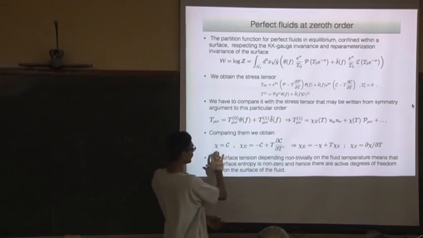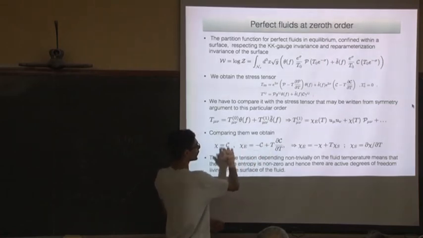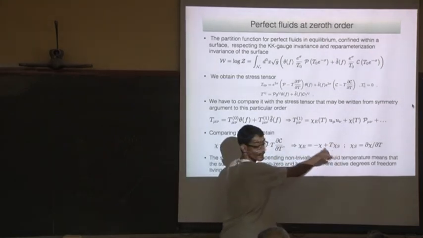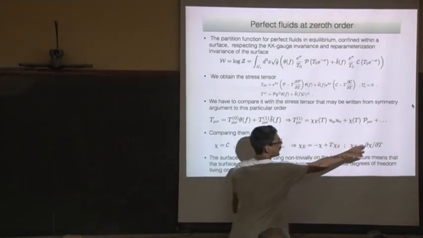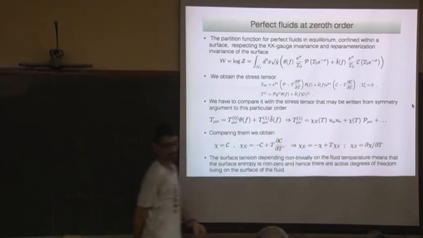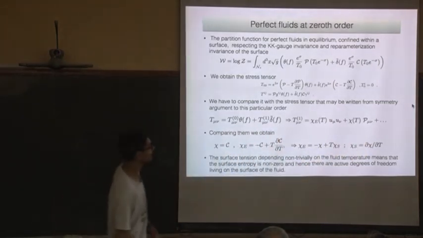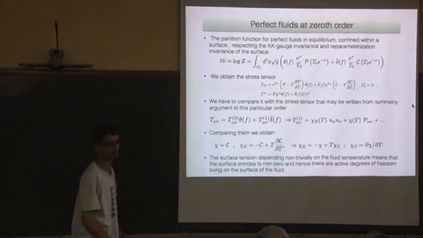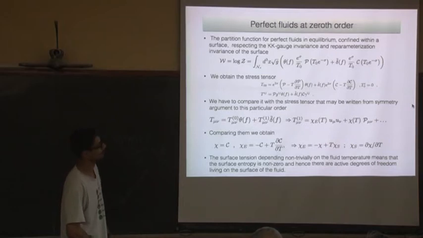These two equations can be written like this, and this chi is the surface entropy, which is like the derivative of the... What is chi E? Chi E is defined like this. So these are all terms only on the surface, involving the velocity.